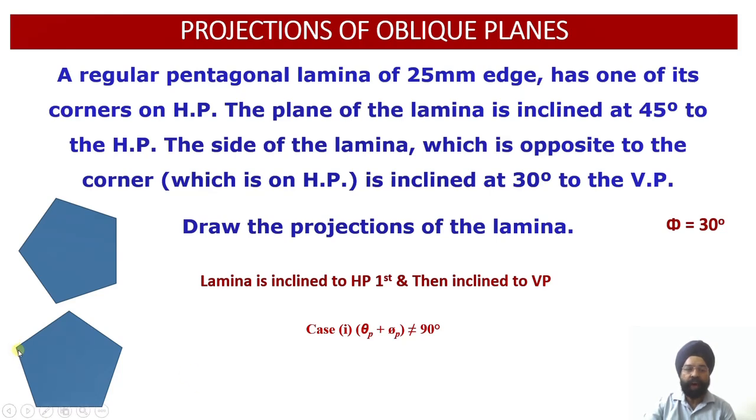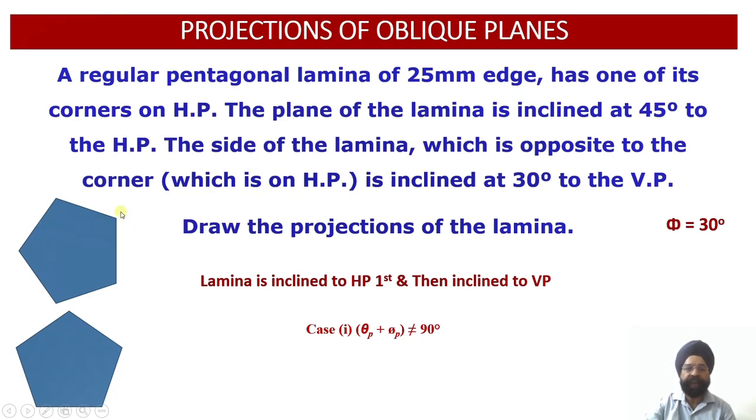Because the lamina is inclined, this edge will get reduced. If I tilt the lamina this way, the edge opposite to this corner will again appear as an apparent length in the top view. So this position is discarded.